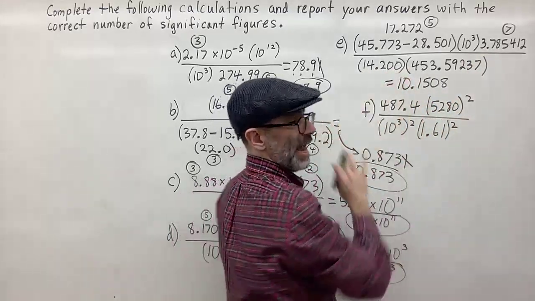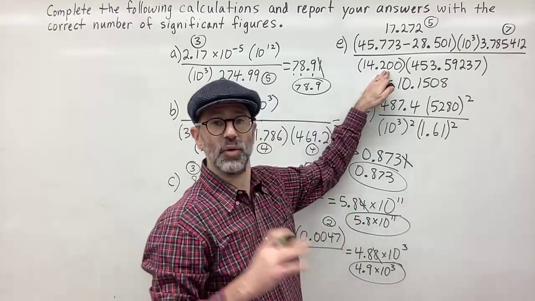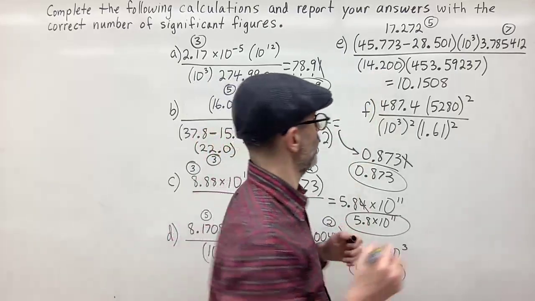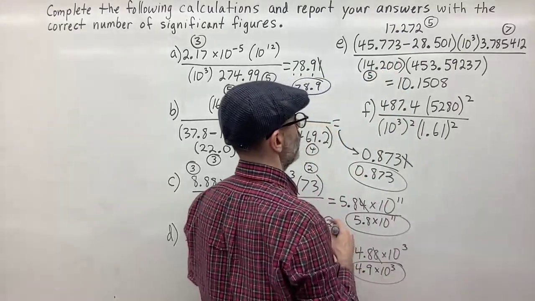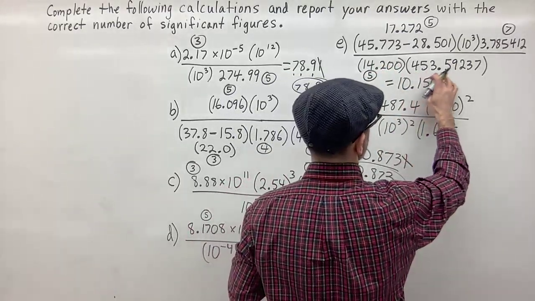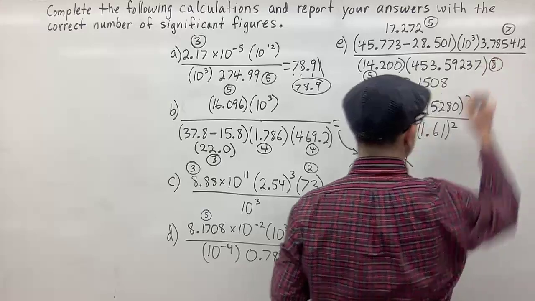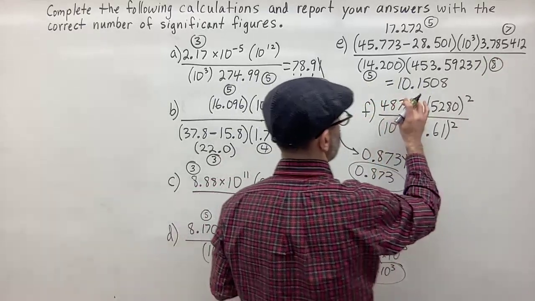The zeros at the end of the number are significant when there's a decimal point. We have a decimal point, so those zeros are significant. So here we have 5 significant figures, and here we have 1, 2, 3, 4, 5, 6, 7, 8 significant figures. So the least number is 5.